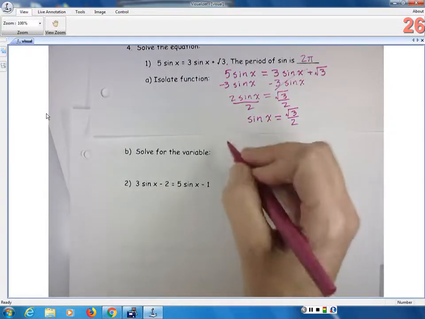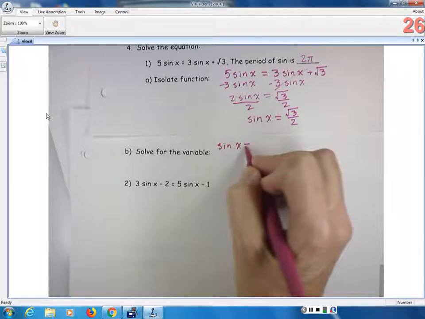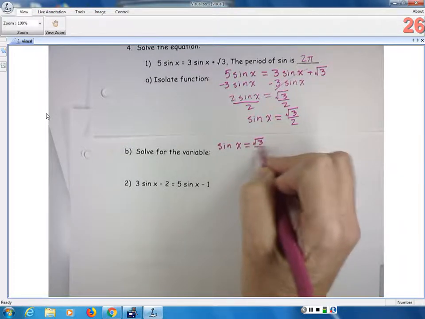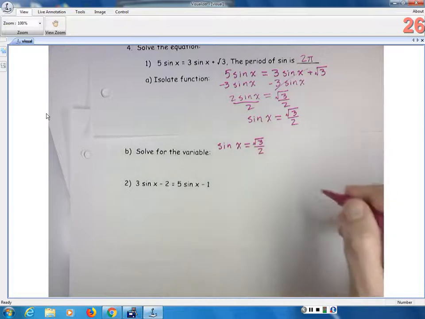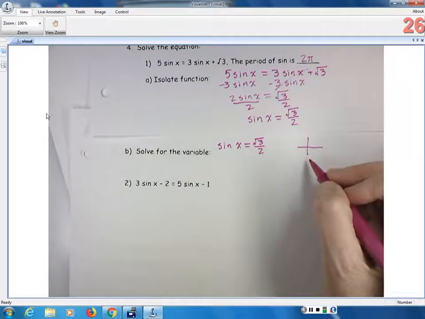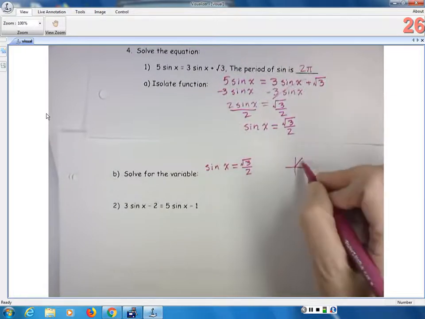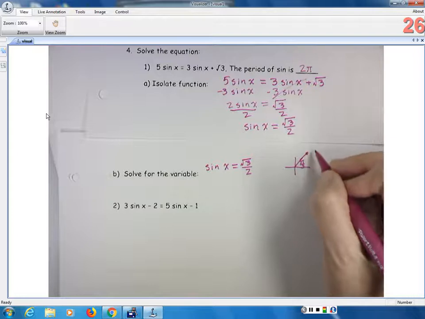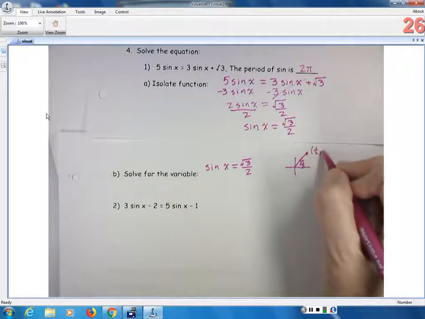So again, we had sine x equals square root of 3 over 2. You're right, it is at pi over 3. At pi over 3, we have 1/2, square root of 3 over 2 on a unit circle.